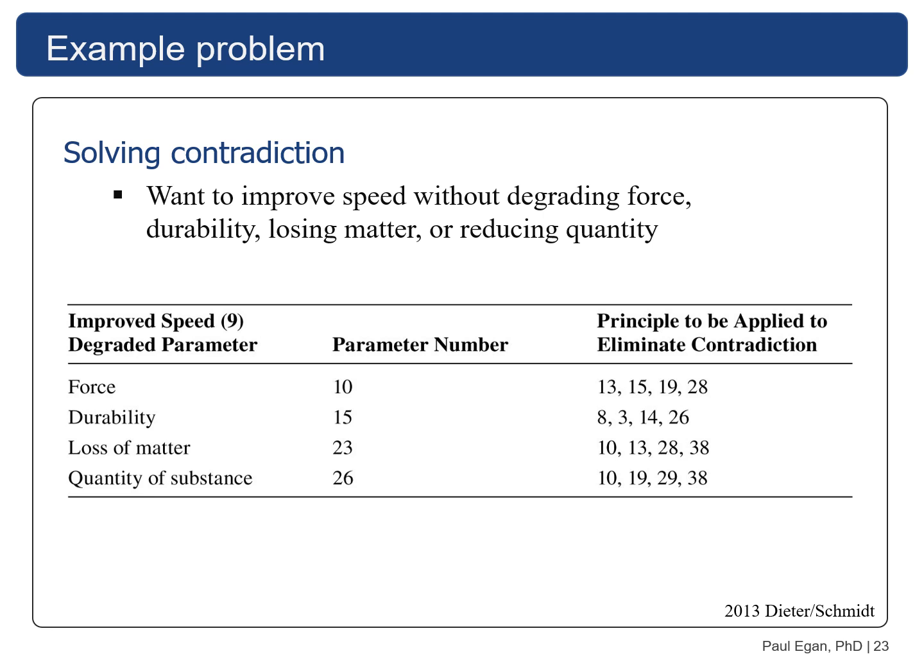So 10, 15, 23, and 26. So then you would go to triz40.com or look at the generalized matrix in a textbook and say you want to improve 9 without worsening 10, 15, 23, or 26. And then for each of those combinations, you get a list of 4 principles to be applied to eliminate the contradiction.